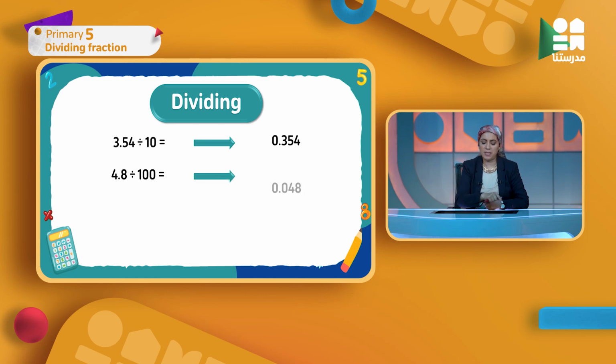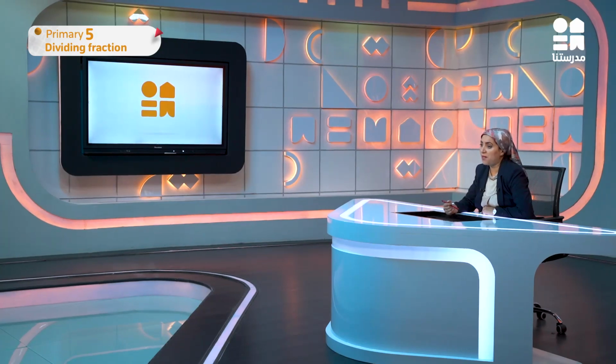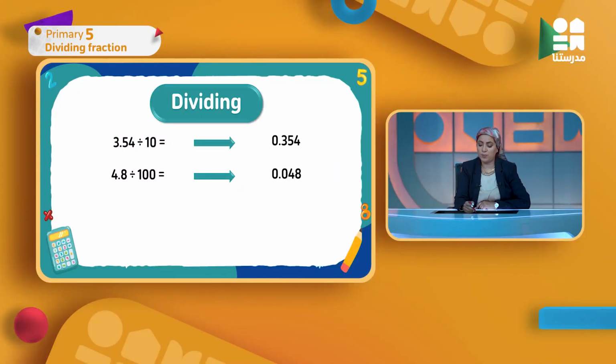Then the answer will be 0.048. Why? Because when I moved the decimal point 1 place, it came before the 4. I have nothing else. What shall I do with the other 0? I add a 0 in the empty space that I have no number in. So it will be 0.048.